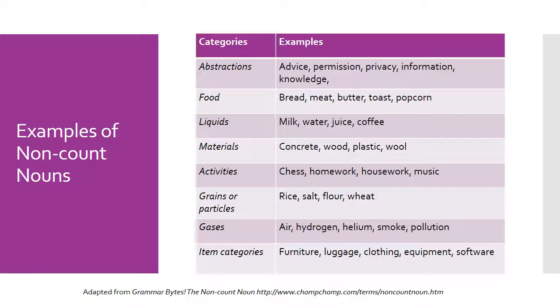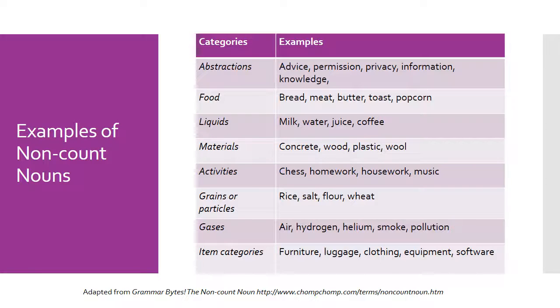Notice that some specific things we have: advice, information, knowledge, bread, butter, milk, water, juice, concrete, homework, housework, music, etc. All of these different things are not countable. So in other words, we cannot make them plural. I can't have many concretes. I can't have 4 breads.